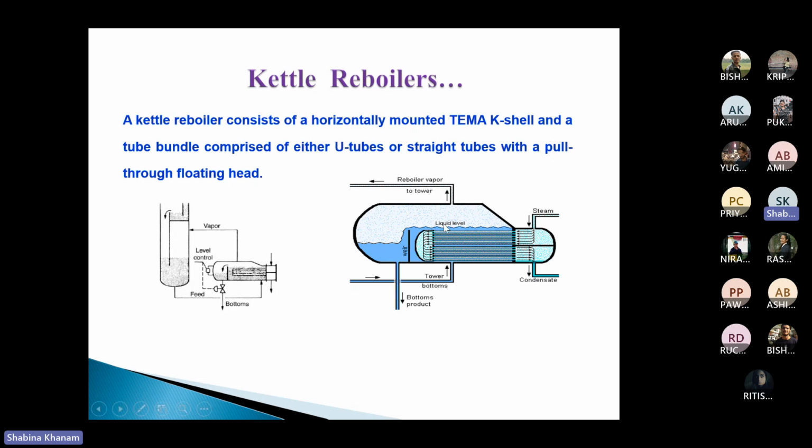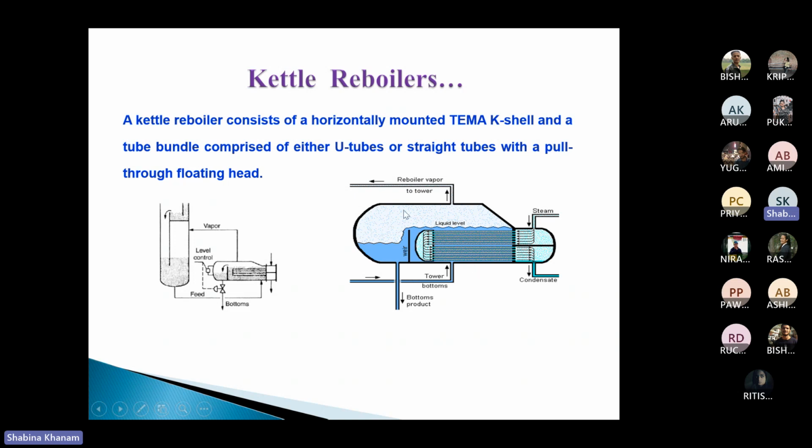Because the vapor coming upward carries liquid droplets also, some residence time is provided here to separate the vapor from the liquid, and then complete vapor enters the required space. So the kettle reboiler has an added advantage that it generates pure vapor.